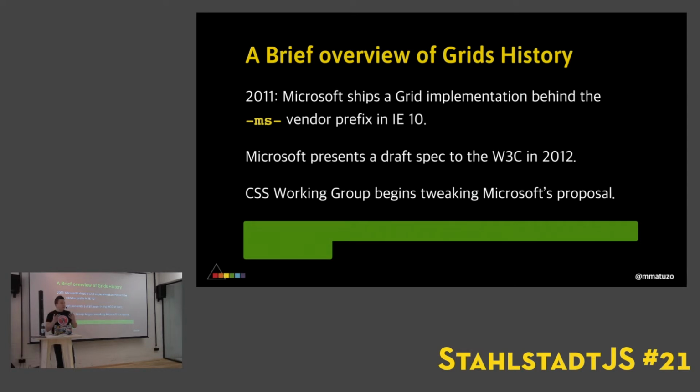So they had a new draft, and the way the W3C puts out recommendations is that if you have a draft, you need at least 2 separate implementations in browsers. So there was the first one in Microsoft, and they needed another browser to implement Grid. But browser vendors were kinda gun shy because they had a bad experience with another specification.